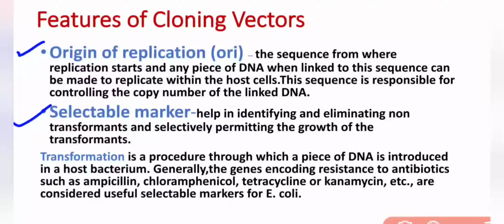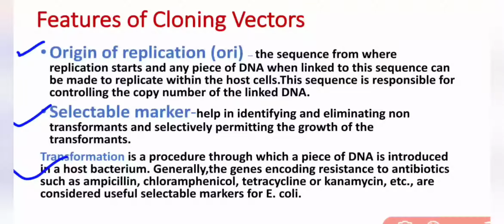Now, what is the procedure of transformation? What is this process, transformation? It is the process by which a piece of DNA is inserted from one cell into another cell. Generally, we insert the target DNA, or the DNA of interest, into the selectable marker region.